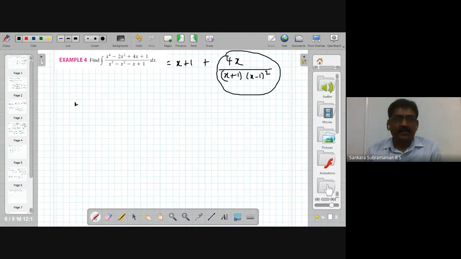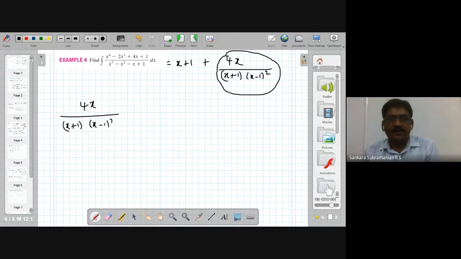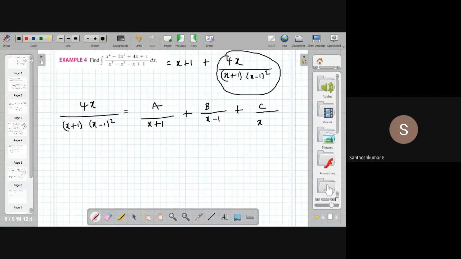So I can go ahead with 4x by x+1 into x minus 1 the whole square is equal to: since the first one is linear non-repeated, it should be written like A by x+1. Since the second product is linear and a repeater, it should be written as B by x minus 1 plus C by x minus 1 whole square. That's all.